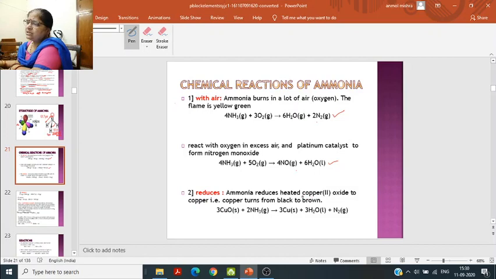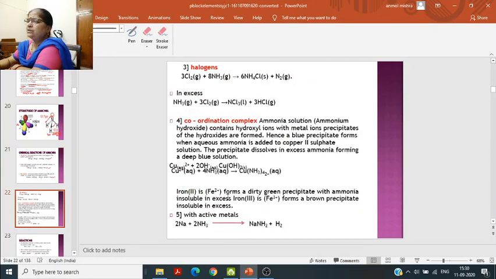Ammonia reduces copper 2 oxide to copper: CuO plus NH3 gives you Cu plus H2O plus N2. Thirdly, it is basic in nature, therefore it combines with acid to form salt.